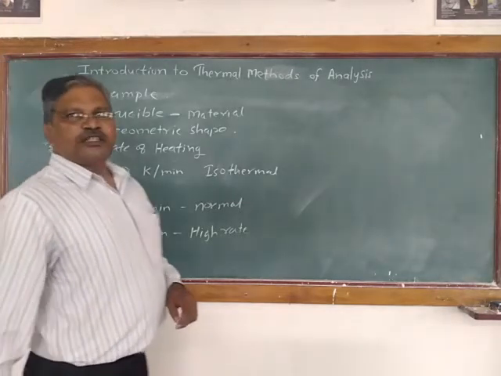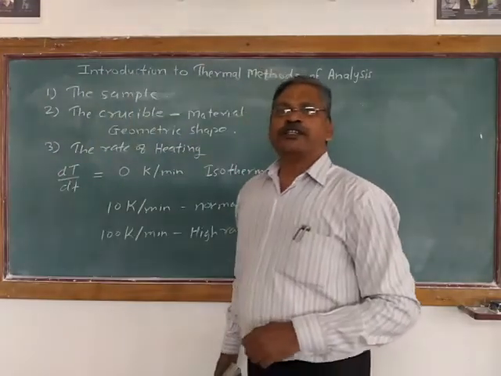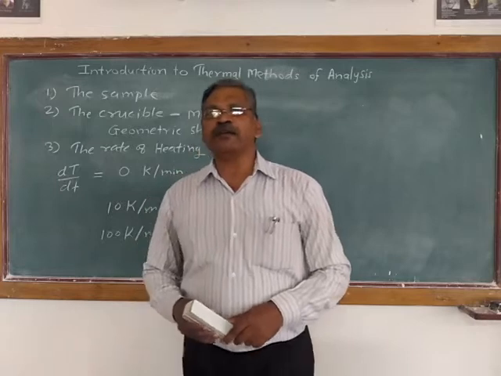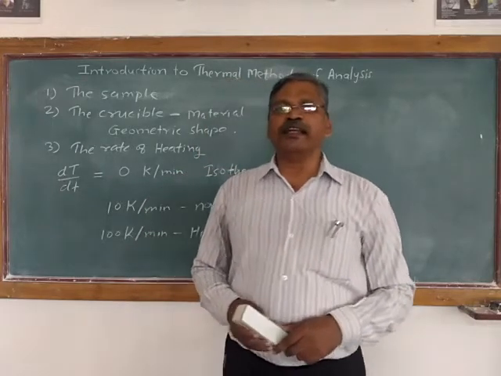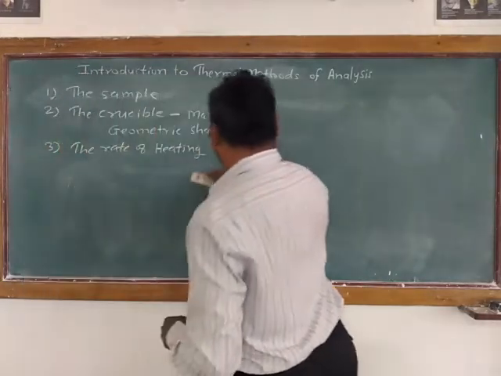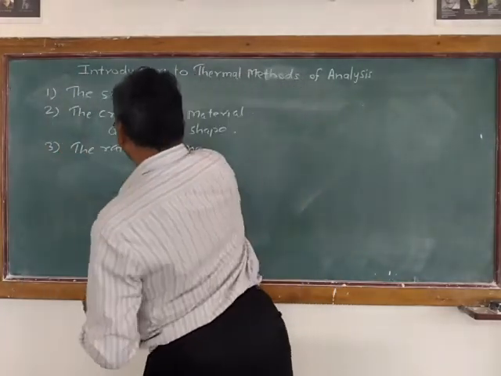There is a general equation which describes the corrections to be applied when working at different heating rates, and the heating rate is denoted by the symbol beta.